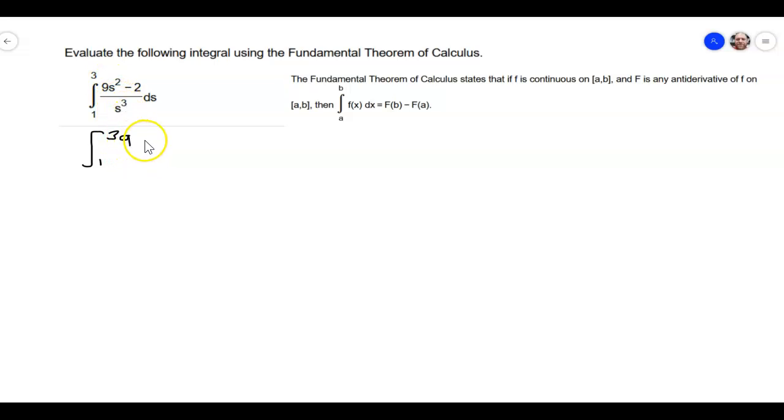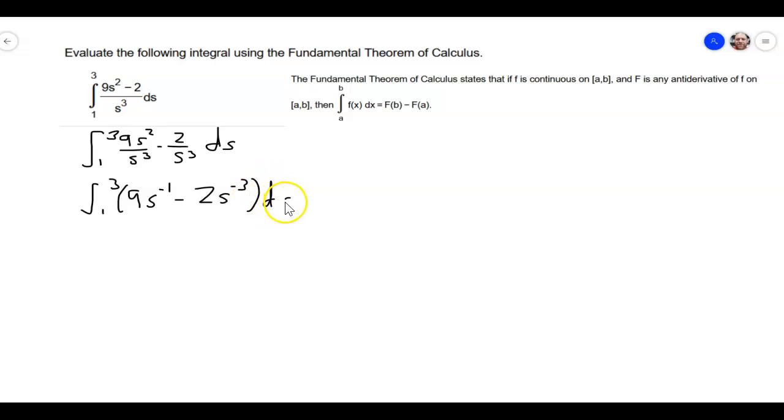This will be 9s squared over s cubed minus 2 over s cubed ds, from 1 to 3, and this is just going to be 9s to the minus 1 if we bring that exponent to the top and cancel out a couple of those s's there, minus 2s to the minus 3 if we bring that up there, ds.